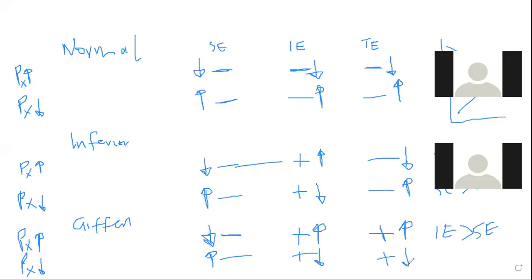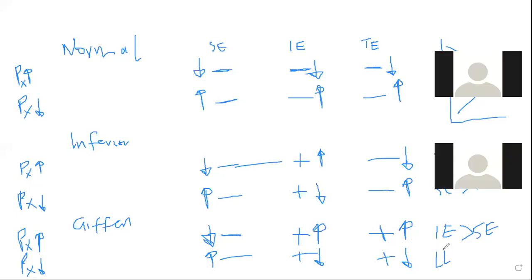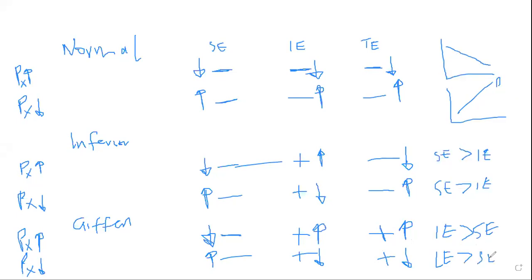So it means that the income effect outweighs the substitution effect for a Giffen good. But don't worry yourself so much with Giffen good anyway. We just need to make a point that it's a type of commodity that we have.